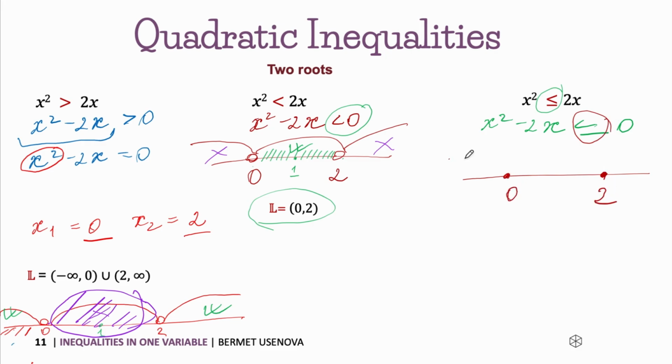Again, we check, can we fulfill this inequality with any number smaller than 0? Minus 1, for example. We can't get anything smaller than 0. The same goes for everything bigger than 2. But any number between those two will be included in our solution set, including 0 and 2, because we have this less than or equal to sign. Again, you have to be very careful with the inequality signs.